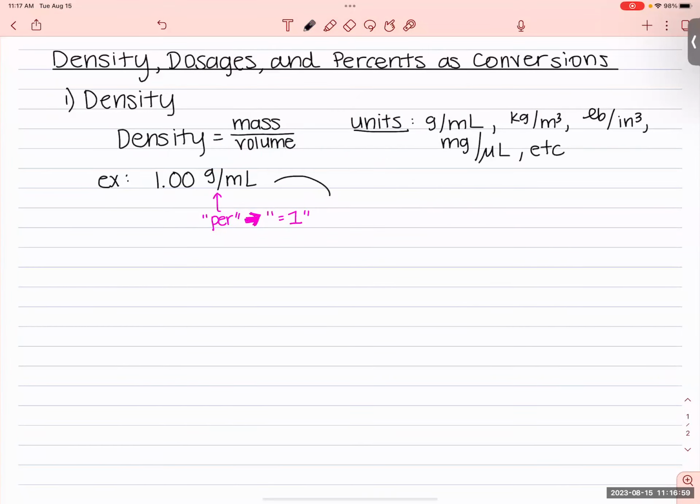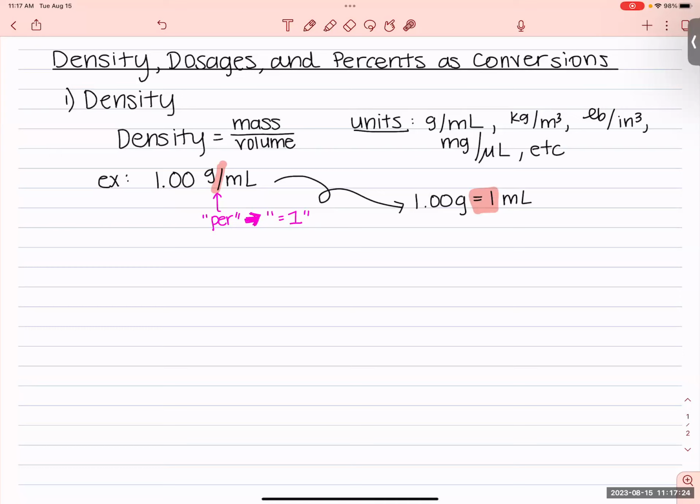So I can rewrite this as a conversion as 1 gram equals 1 milliliter. So instead of saying 1 gram per milliliter, I can say gram equals 1. So where I would say per, I say equals 1 instead. So this line here is the same as this.